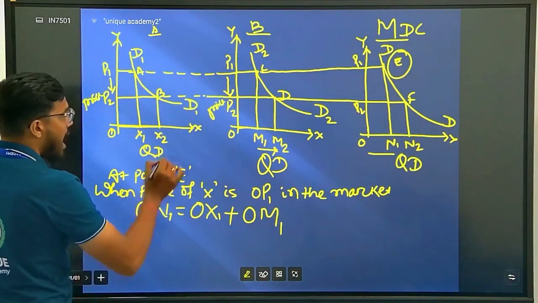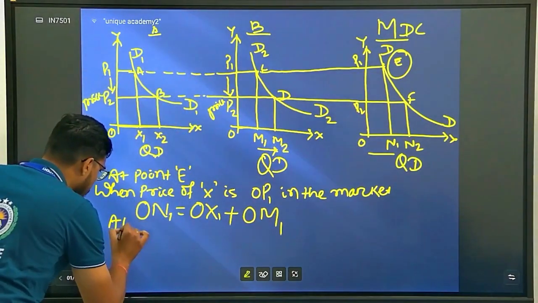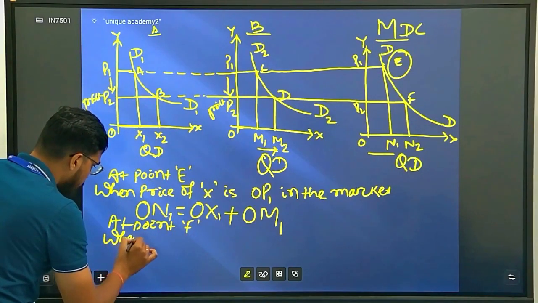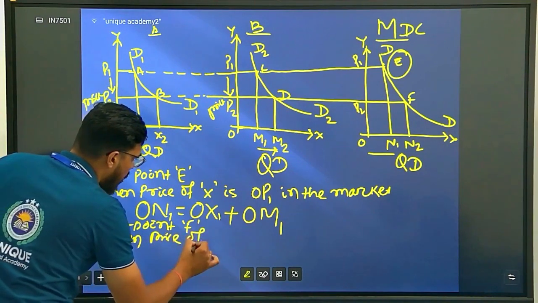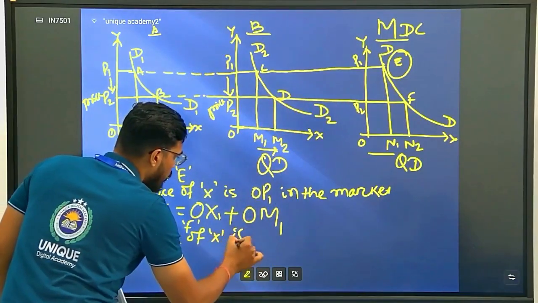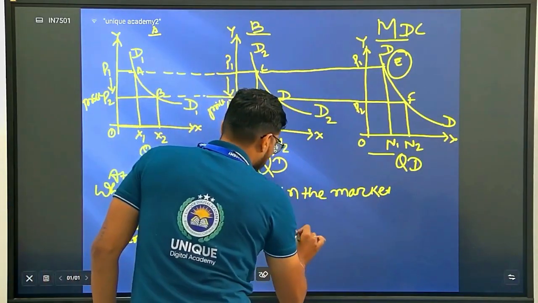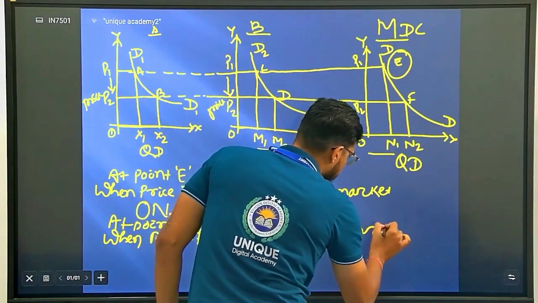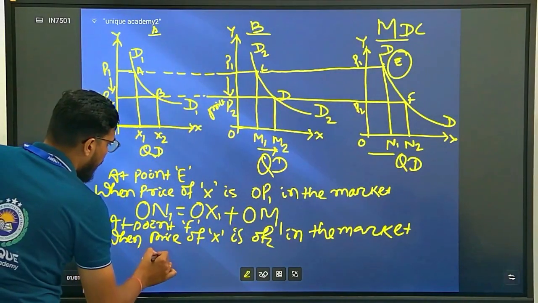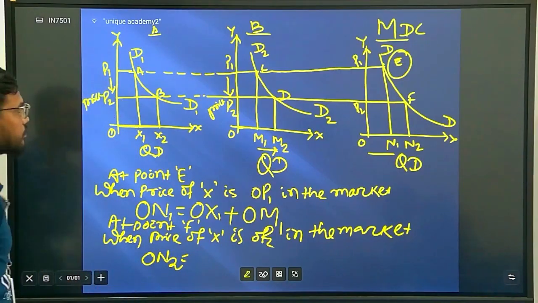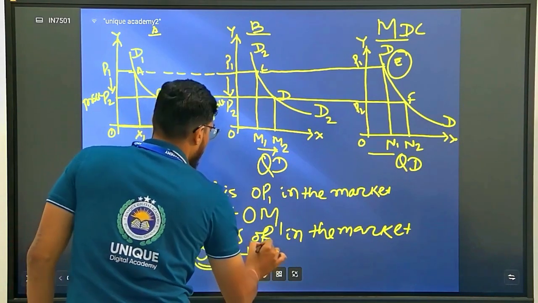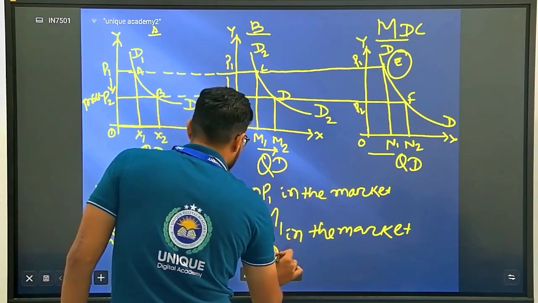Similarly, at point F, when the price of X declines from OP1 to OP2 in the market due to any reason, the market demand ON2 is equal to individual A's demand OX2 plus individual B's demand OM2.